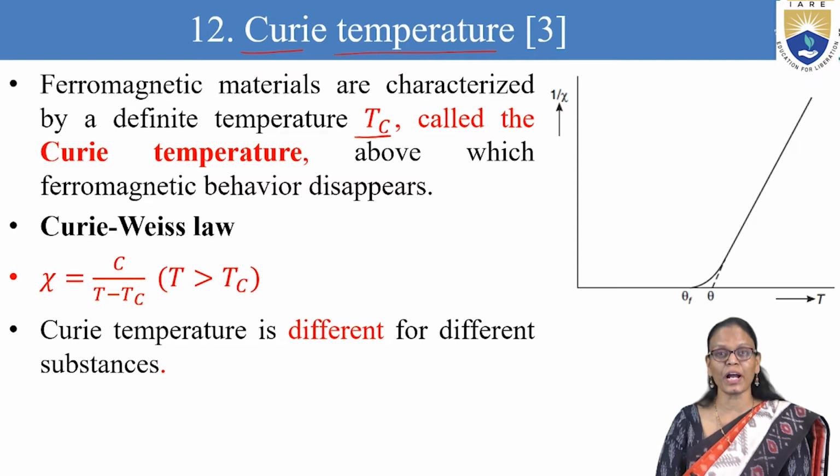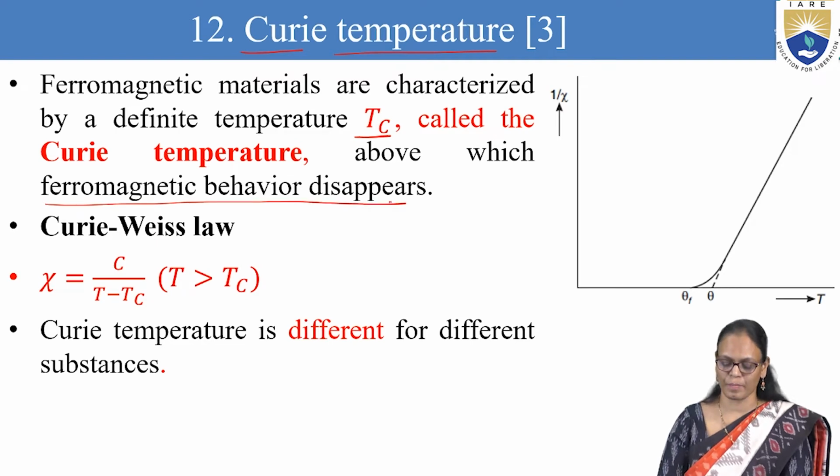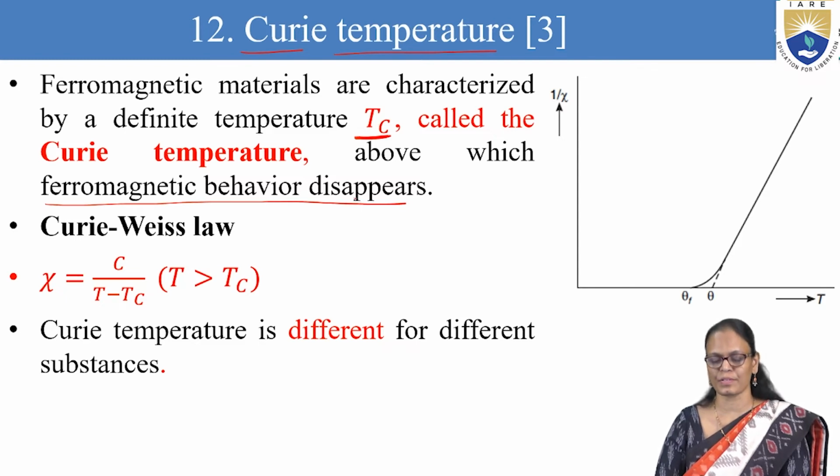So I can define Curie temperature as the temperature at which the ferromagnetic behavior disappears. This is what we call Tc, with T suffix C representing the Curie temperature.